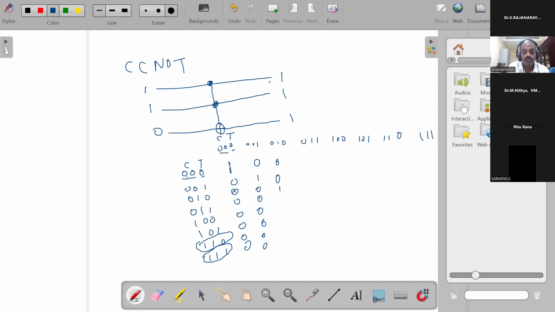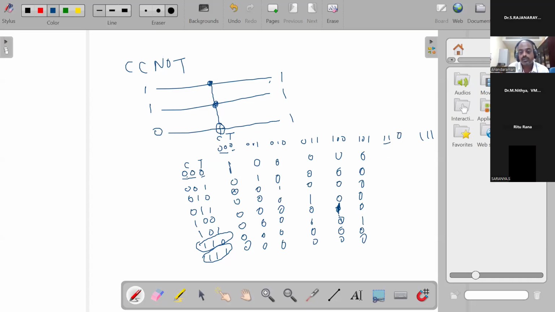0, 0, 1, 0, 0, 0, 0, 0. Here also 0, 0, 0, 1, 0, 0, 0, 0. Here also 0, 0, 0, 0, 1 here, 0, 0, 0. Similarly, here also 0, 0, 0, 0, 0, 1, 0, 0. Here, since both the first 2 control bits are 1, this 0 will get flipped.